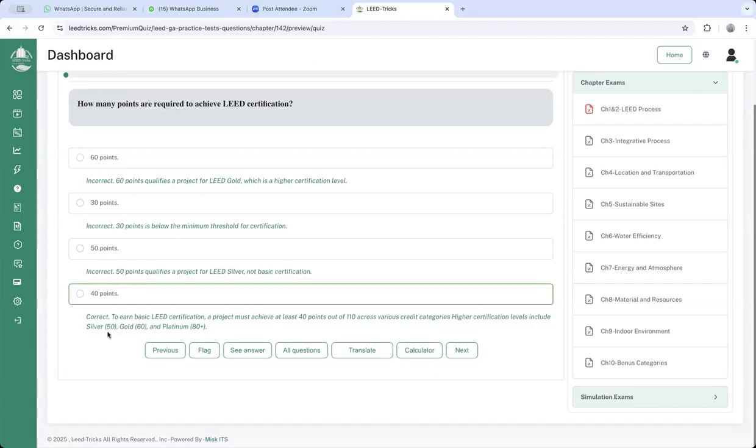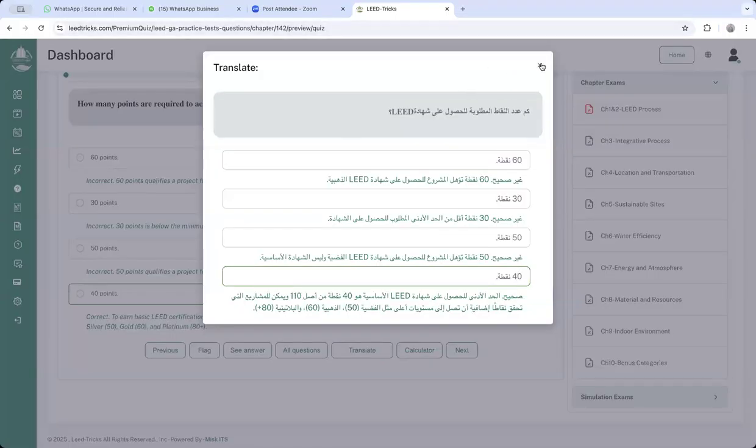Okay. 50 means 50 to 59, the silver. Gold means 60 to 79. Starting from 80 plus, this is platinum. And here also translation, if you are another language or you want to translate into Arabic here. Okay.